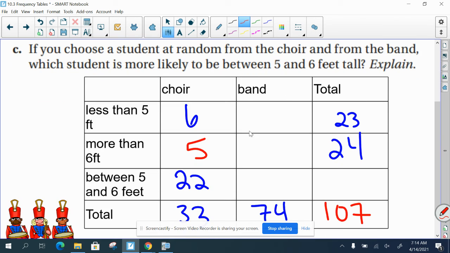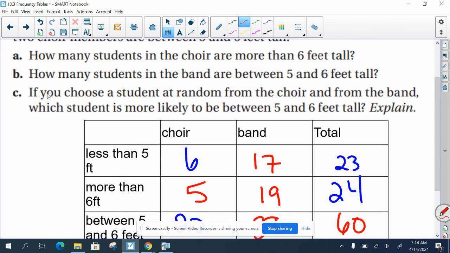First I have to find how many students there are total between 5 and 6 feet tall by subtracting 47 from 107, which is 60. And then 60 minus 22 is 38. Then I can find these two categories by subtracting. So this would be 19 and this would be 17.